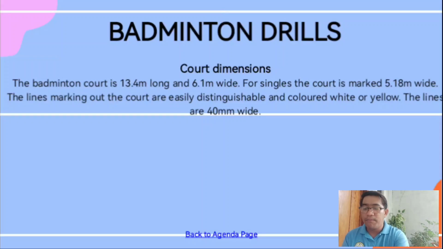Okay. Yung court dimension naman natin is 14 by 44, no? Yung width niya will be 6.1, yung length niya is 13.4 meters. Alright, then yung mark niya naman ay 5.18 meter wide. Yung post naman niya ay 1.5 height from the surface of the court, isang sukat ng isang racket to the net.